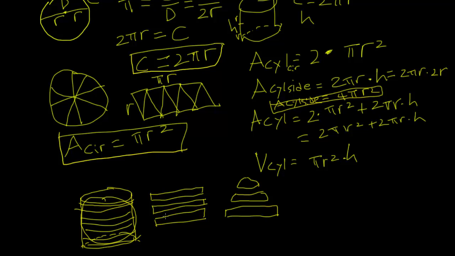So therefore, we are going to say that the surface area of the side of the cylinder is equal to the surface area of a sphere that's enclosed by this cylinder.